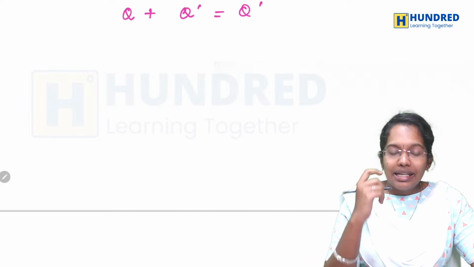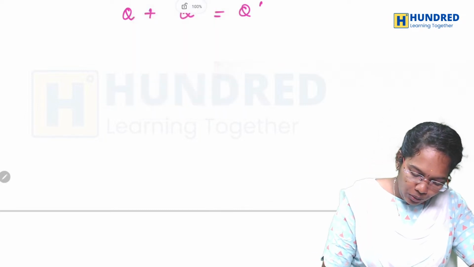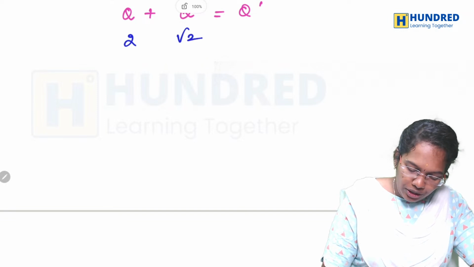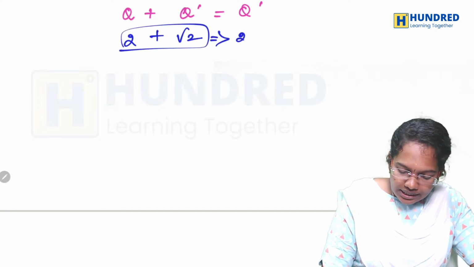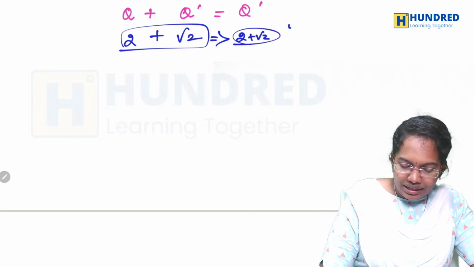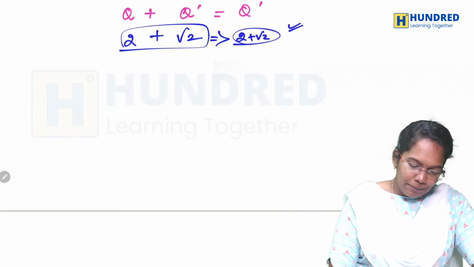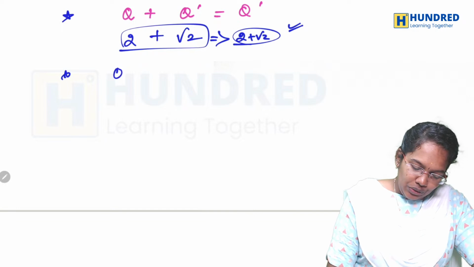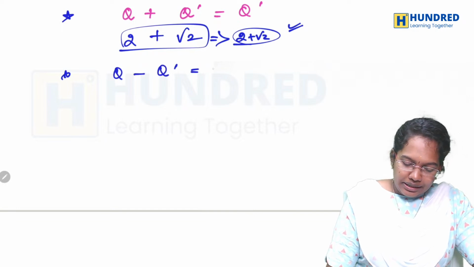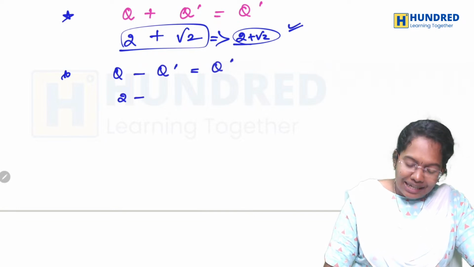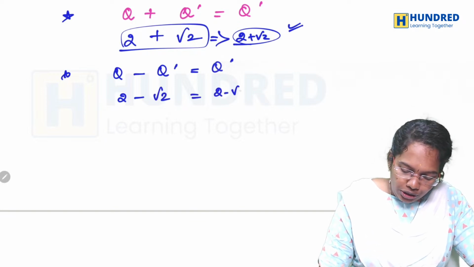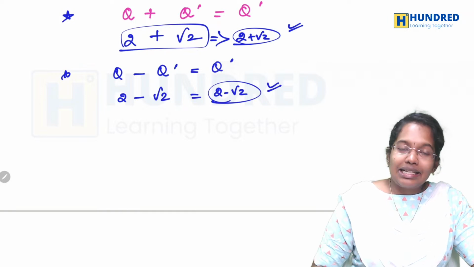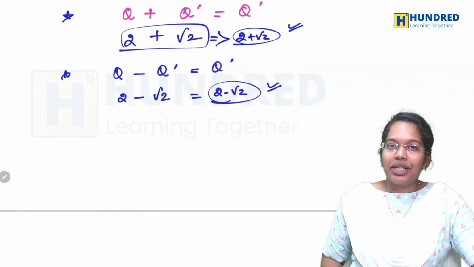So let's take a rational number to be 2 and an irrational number to be root 2. When you add these two, the resultant value, 2 plus root 2, is an irrational number. Similarly, when you subtract a rational number and an irrational number, you will also get an irrational number as the answer.